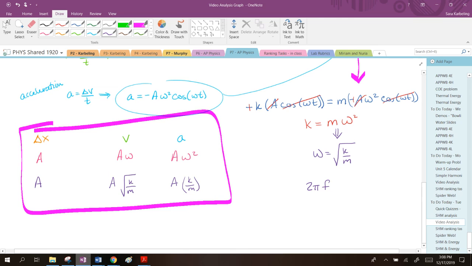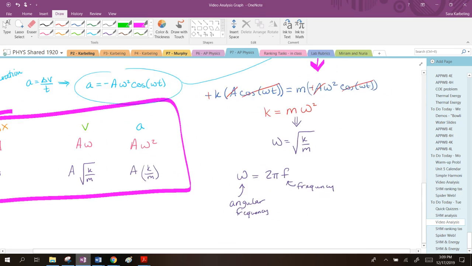Yeah. So they're all related. F is frequency. So angular frequency is equal to 2 pi, you've probably heard of 2 pi before, right? Times the frequency that we know and love.